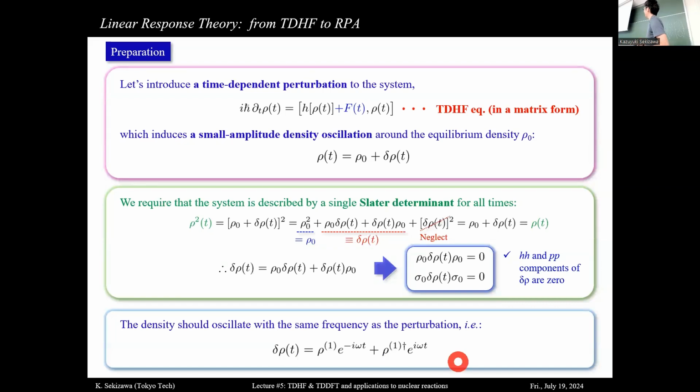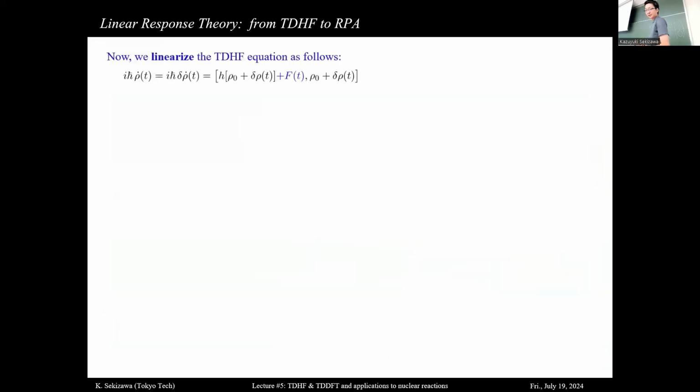Okay. Now what we do is to use those equations for the TDHF equation. So from the assumption, rho t is rho 0 plus delta rho t. So if you take the time derivative, it provides you only this delta rho t, delta rho dot.